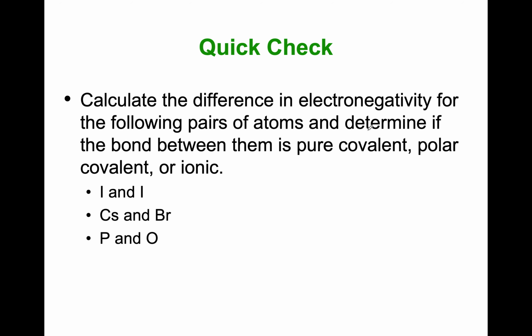So I encourage you to do a calculation or take a look at these questions and determine, is it pure or nonpolar, is it polar, or is it ionic? Right away, a red flag should be when these are the same. That means they're going to cancel out when you calculate the difference in electronegativity. So that's a pure covalent or nonpolar bond.